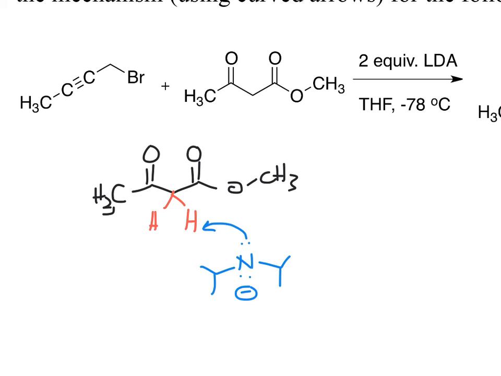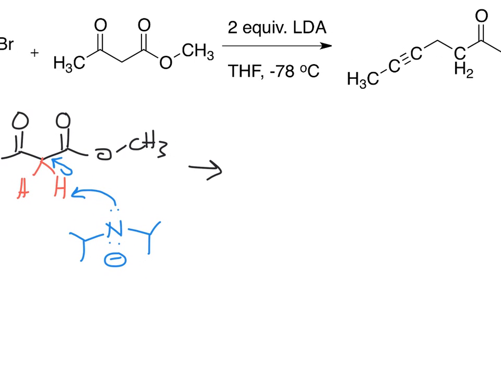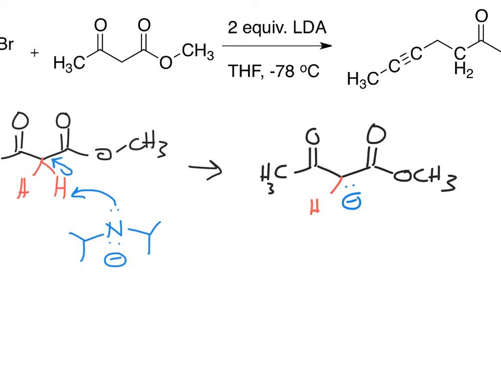Come in, grab a hydrogen. No equilibrium errors because there's no equilibrium here. Not with that strong of a base. And so that's going to give us the following. Let's draw out the resonance structure.